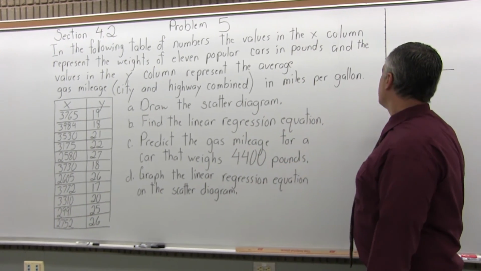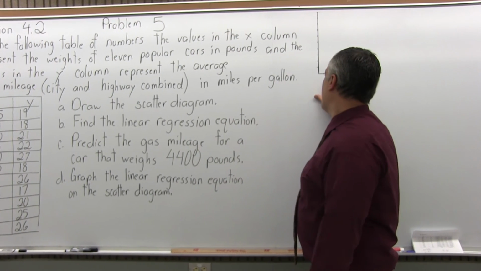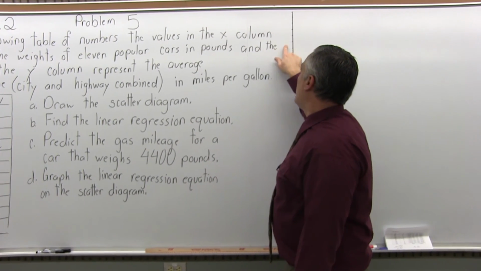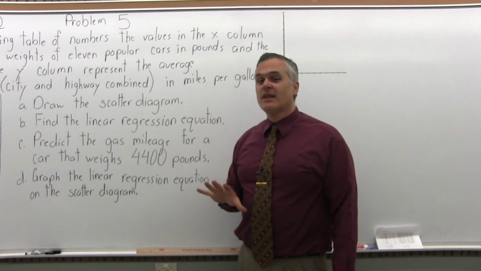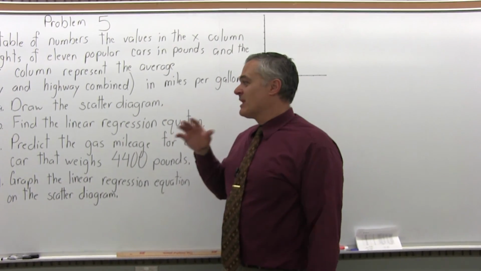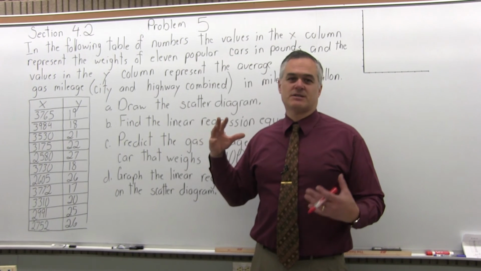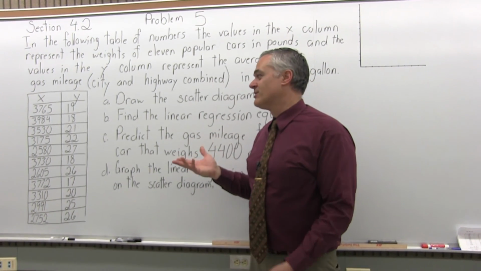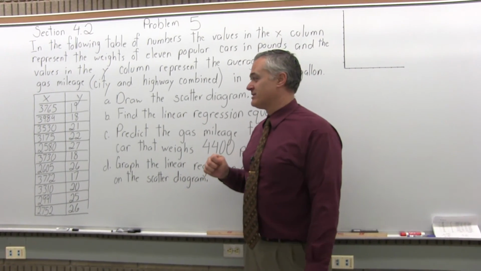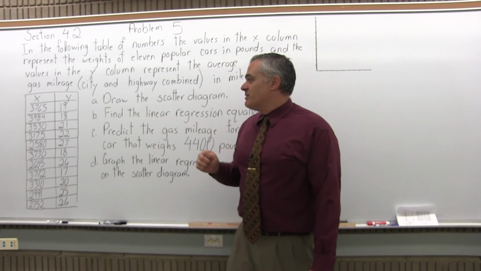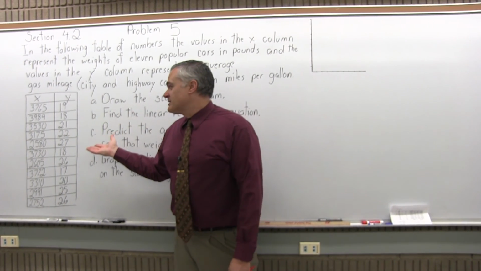I have a scatter diagram that's started, and I have the scale evenly marked off, but I didn't label it. The weights of our cars go up to almost 4,000 pounds. I can't make 4,000 little lines. I guess I could, but I really don't want to. The biggest x value is about 4,000.